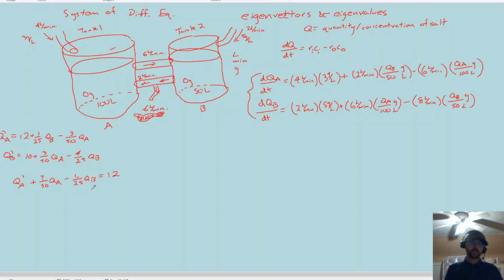So anyway, you could use matrices to solve this, but unfortunately the matrices we set up don't turn into that.